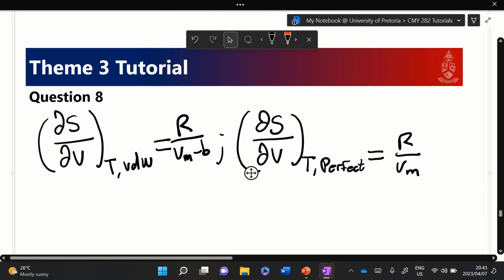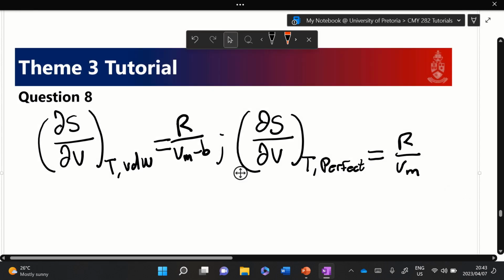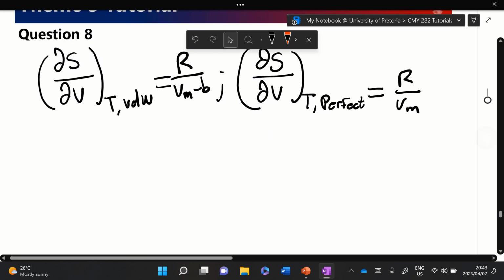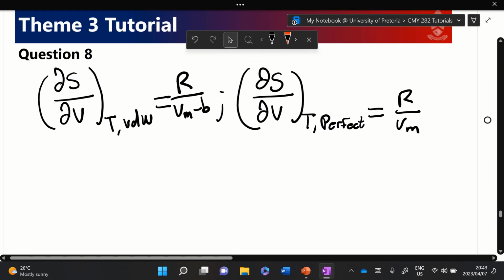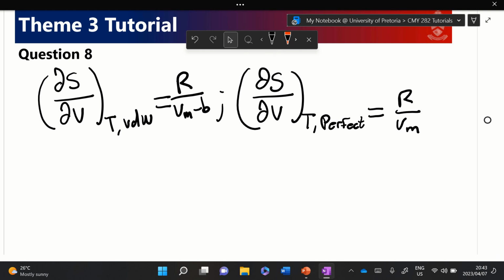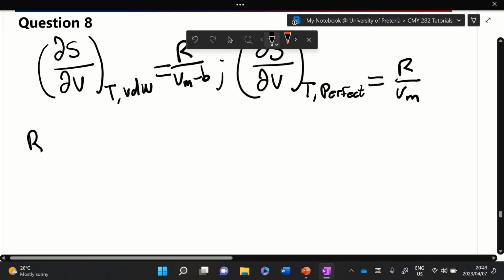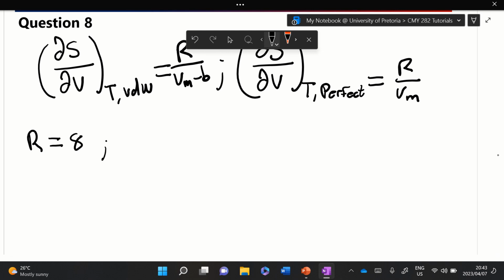Okay, so the next part of the question asks us which one of these two is larger. R is a constant, Vm is a constant, and B is a constant. So let's make them just numbers. R is 8 point whatever, so let's make R 8. Let's make Vm 1 and let's make B 0.5 so that you can nicely see it.